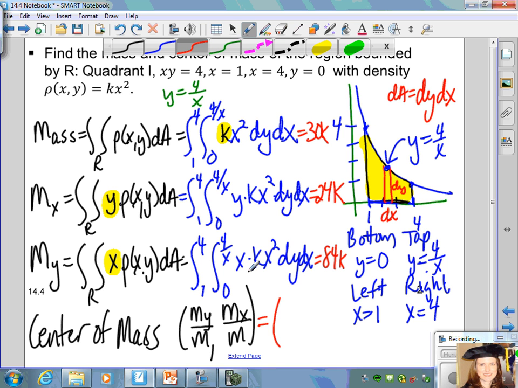We're going to get the moment with respect to y, which is 84k divided by 30k, and those k's are going to divide out, and 24k divided by 30k. When we simplify that, we can write our answer as a decimal: 2.8 comma 0.8 is the center of mass. You can check to see if that is indeed somewhere on the region itself by locating the point with coordinates about 2.8 across and 0.8 up, so it's about right there as your center of mass.